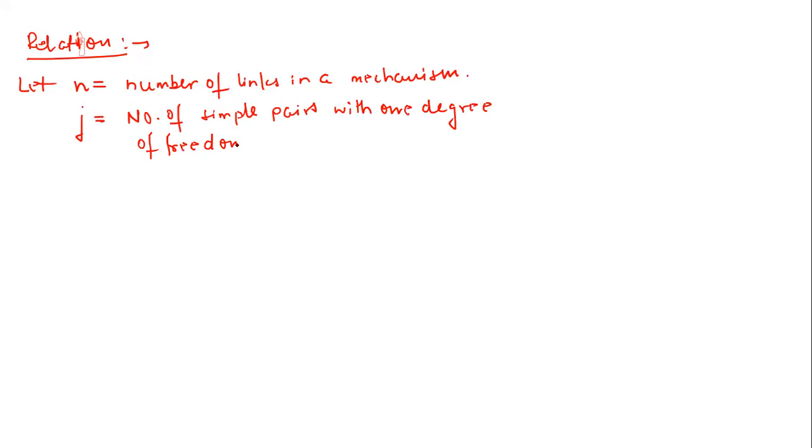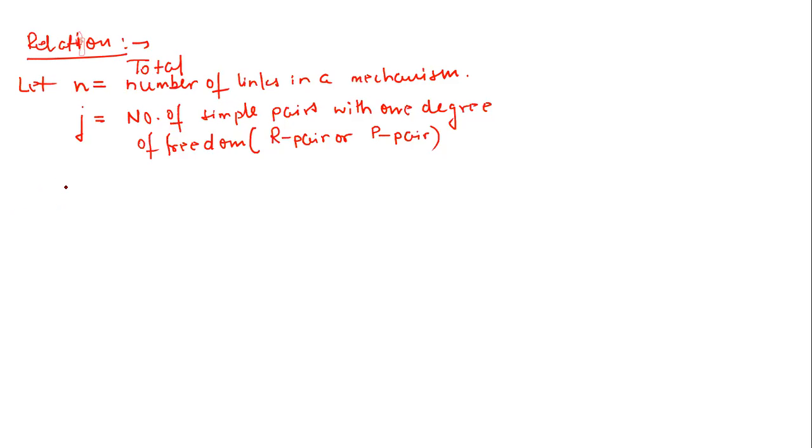So it will be simply either a revolute pair or a prismatic pair. Just remember that n is the total number of links in a mechanism, and j is the number of simple pairs, that means the pairs which have only 1 degree of freedom, so it could be a revolute pair or a simple prismatic pair.